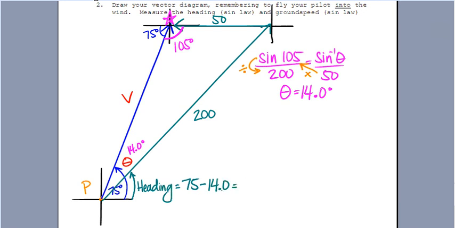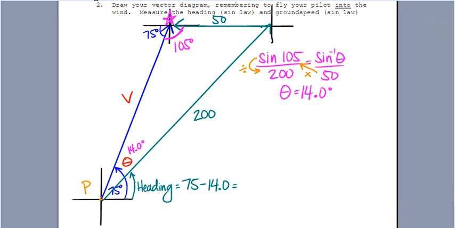And this is not always a subtraction when you're finding your heading. If our green line had gone like this, we would be going an additional 14 degrees, we'd be adding. So it really is diagram dependent, and you have to do a good job making a clearly labeled diagram so you can see what's going on in that corner.